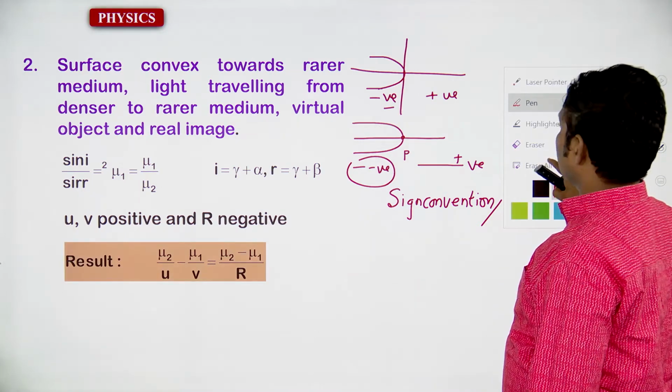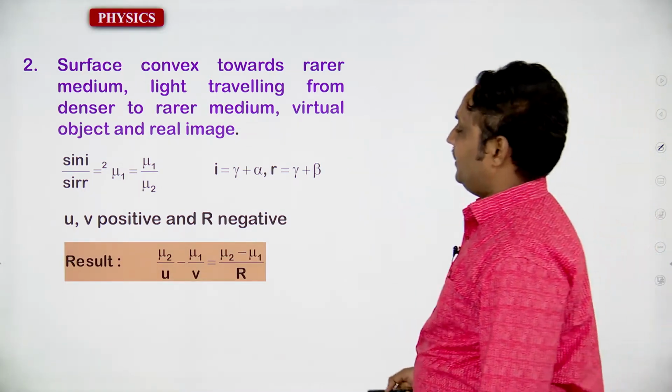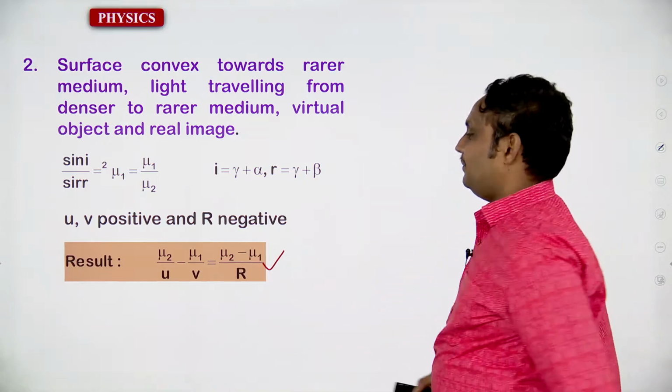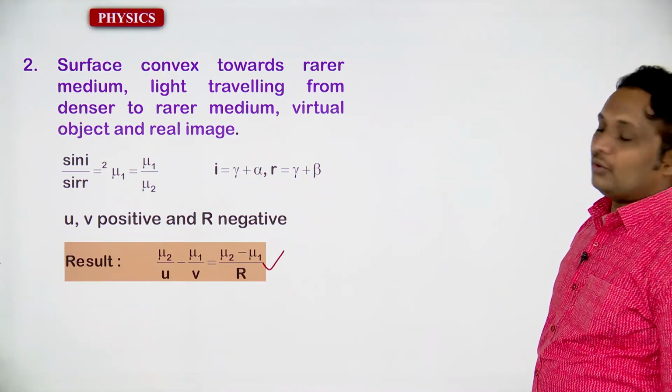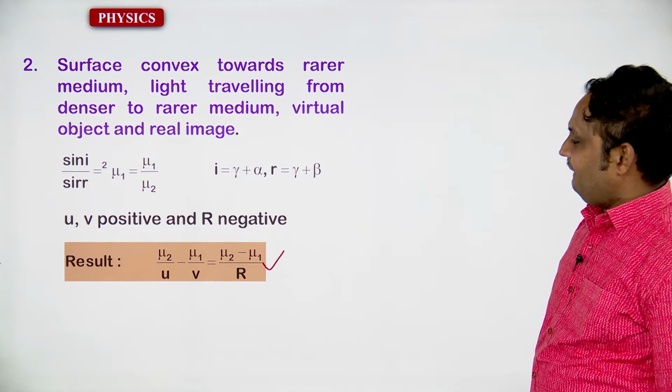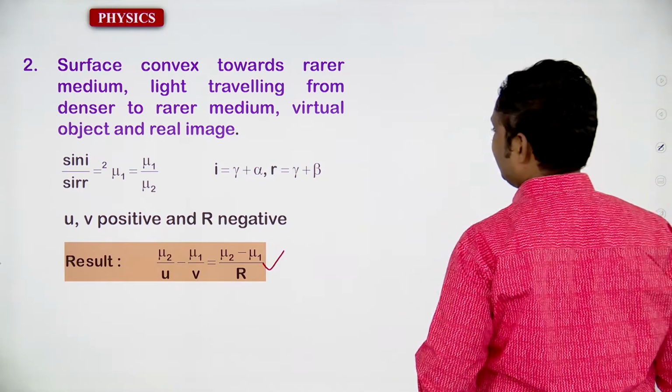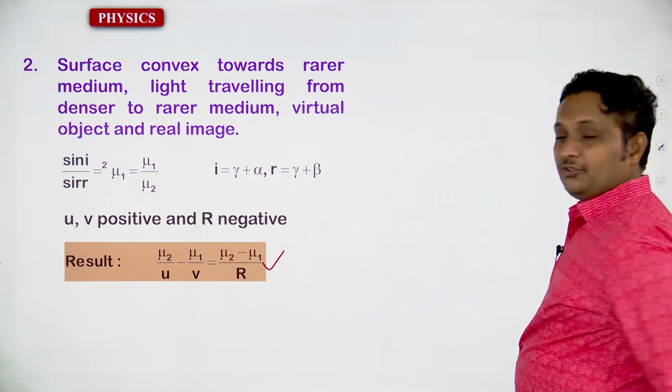After that substitutions you get this result: mu 2 by v minus mu 1 by u is equal to... In the previous case what happened, we have seen light enters from rarer to denser.